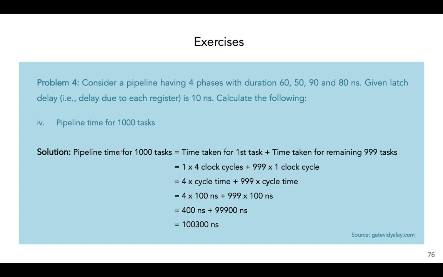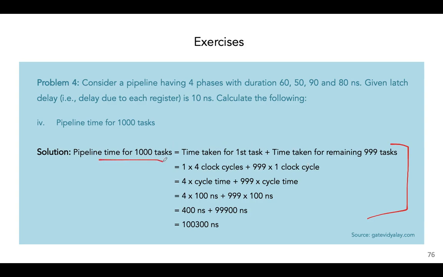Pipeline time for 1000 tasks. Interesting. This is something you know already. Pipeline time for 1000 tasks is the time taken for the first task plus the time taken for the remaining 999 tasks. We have had this discussion previously, so just take a break and quickly go back, and this will be clear to you.